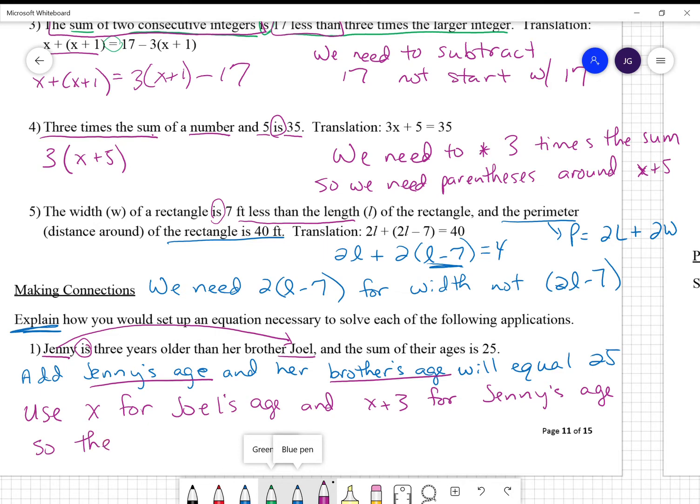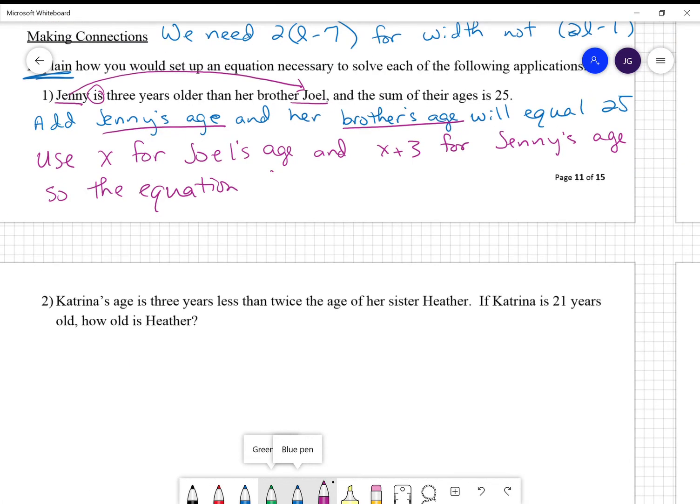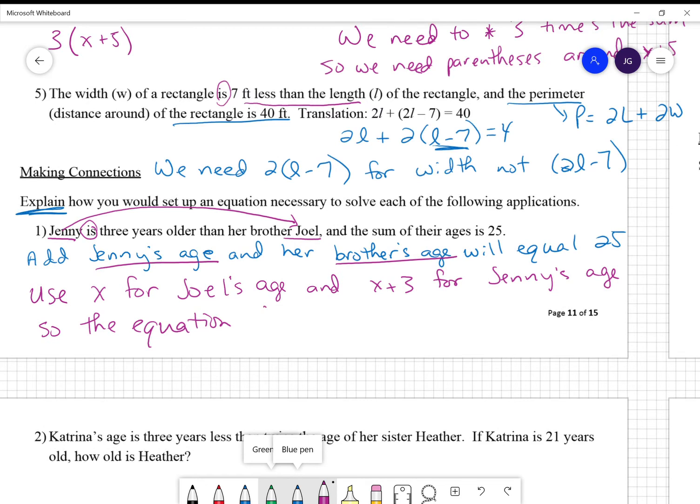So the equation will be X plus X plus 3 equals 25. Use algebra to solve.